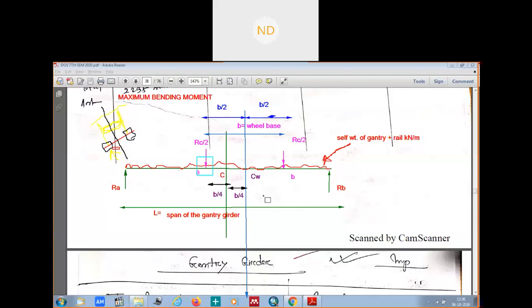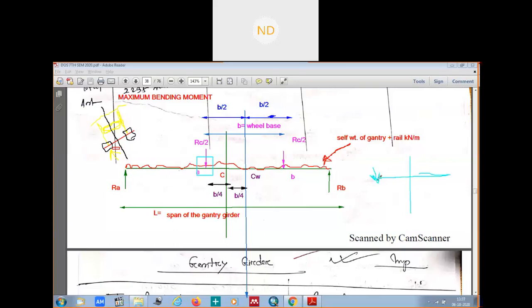Okay, it is not necessary that you will always place this wheel A near to the C of the gantry girder. You can also place it differently. Suppose this is your gantry girder, this is the center of the gantry girder, and you are placing your wheelbase.